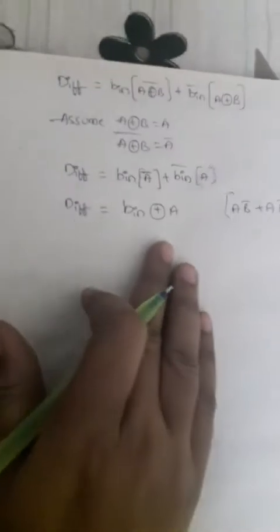So then the function becomes difference is equals to B input into A complement plus B input complement is equals to A. Then it looks like the XOR expression, that is nothing but AB complement plus A complement B, right? So directly we can say that XOR operation, B input XOR A.